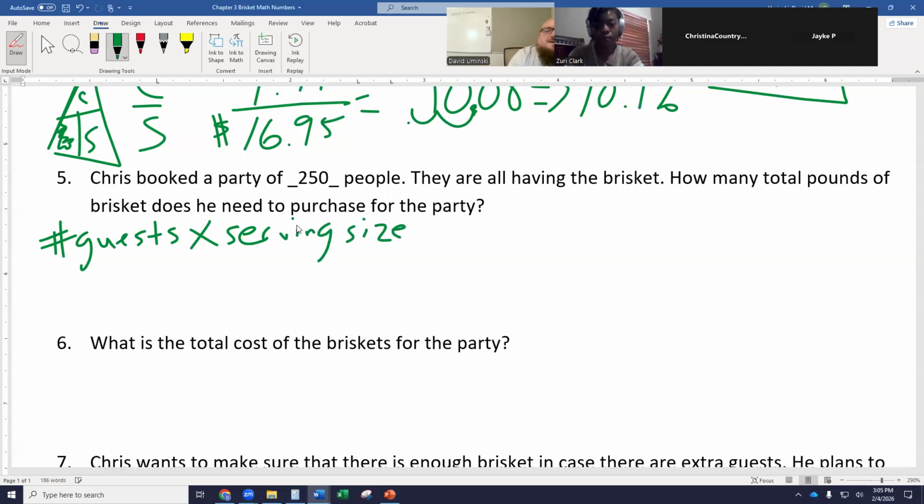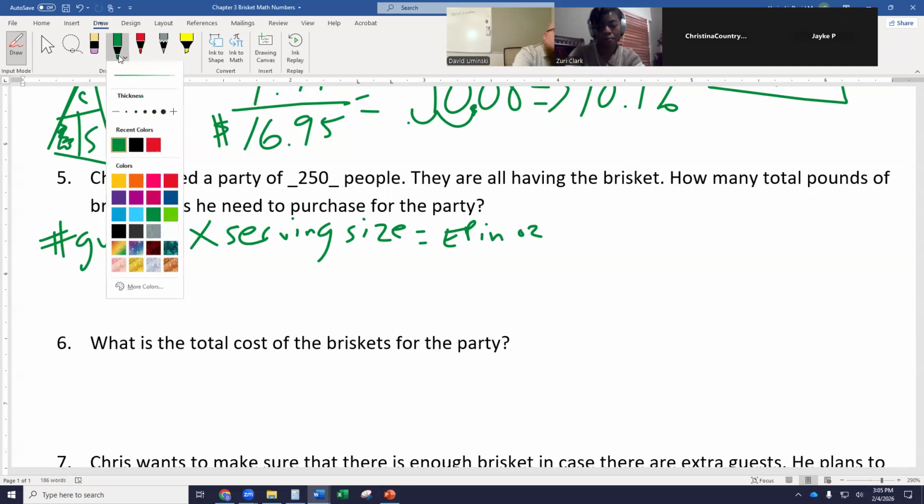The number of guests times the serving size. Okay. That gives us our edible portion, in this case in ounces. Now, what I like to do in this step is apply the yield percentage, because otherwise students forget to do it.